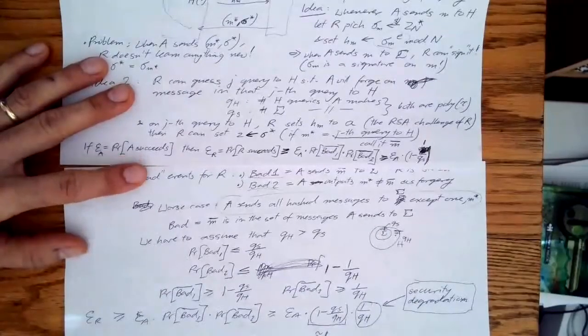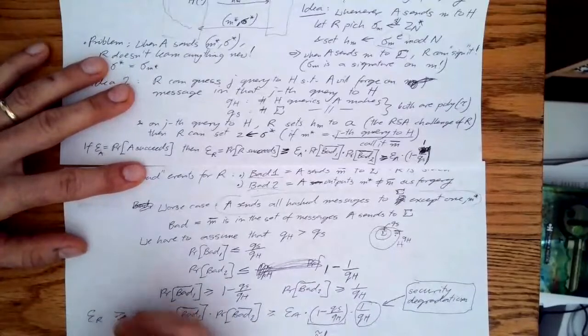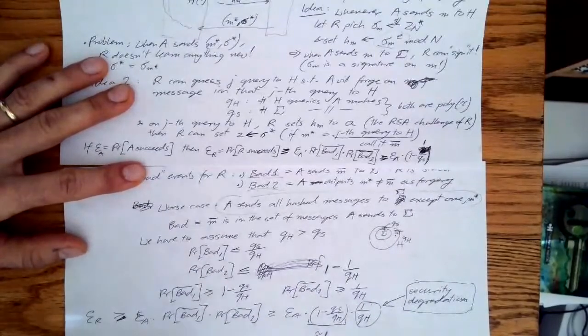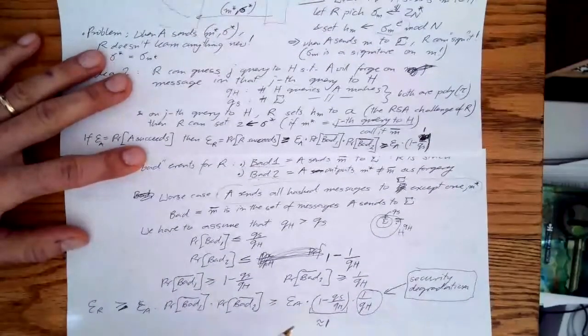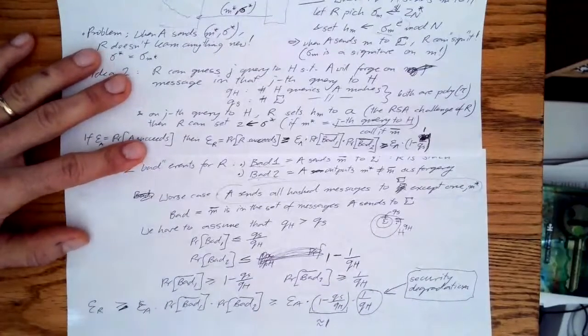And why? Okay, so first, we proved what we were after. If epsilon A is non-negligible, then this is non-negligible divided by a polynomial, which remains non-negligible, and so the reduction succeeds with non-negligible probability.